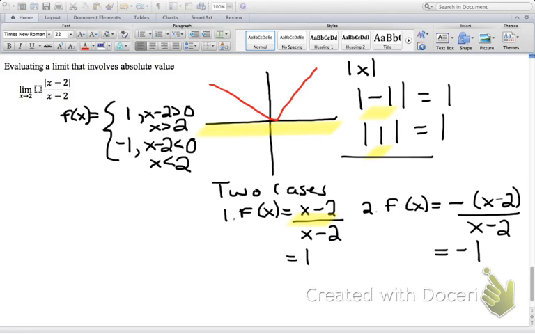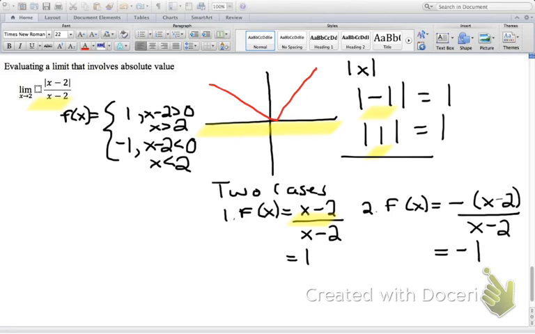Now, since this is a piecewise function, and we know that we would have an asymptote because of our denominator of x minus 2, we have just that the value is either greater than or less than. If x was equal to 2, our whole function here would be undefined.